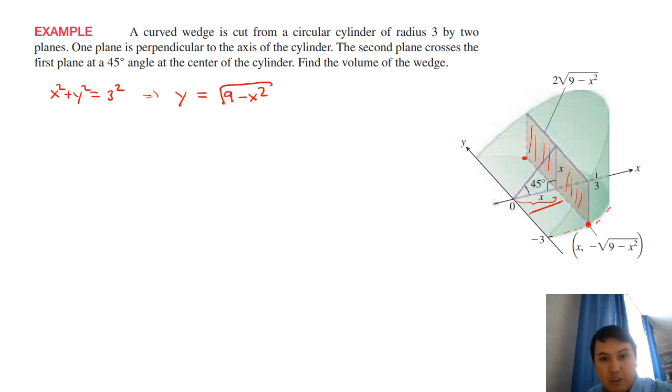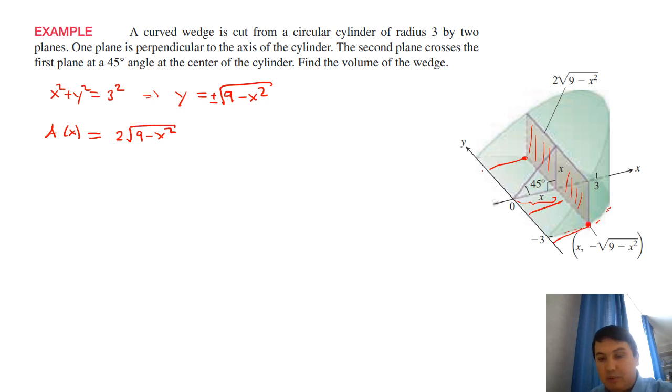Here it is negative, here it is positive. So once I subtract the two, the width of this rectangle is the square root of 9 minus x squared minus the negative square root of 9 minus x squared, so it's 2 times the square root of 9 minus x squared.